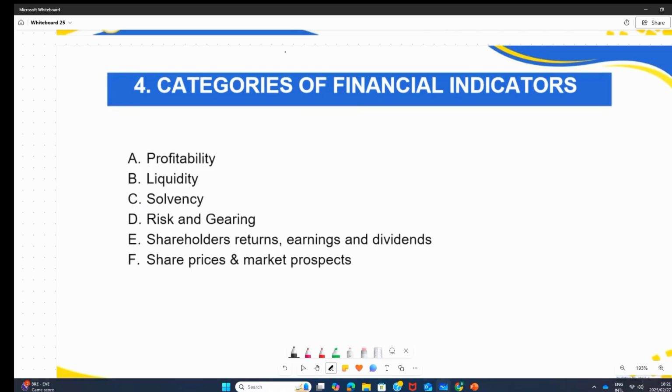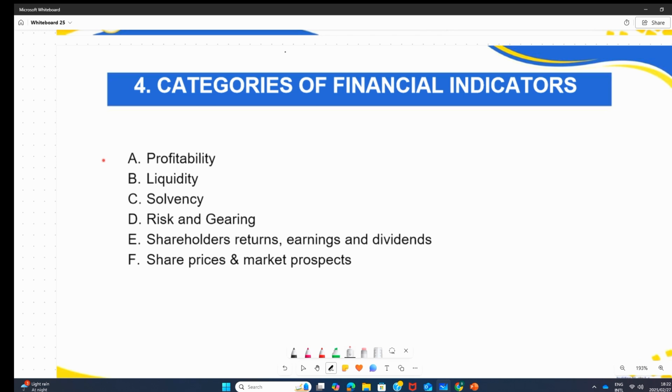The first one that we see is profitability. All right, we've got profitability. The second one is liquidity. The third one is solvency. We've got risk and gearing. Now, A to D is what you have been concentrating on in grade 10 as well as in grade 11.